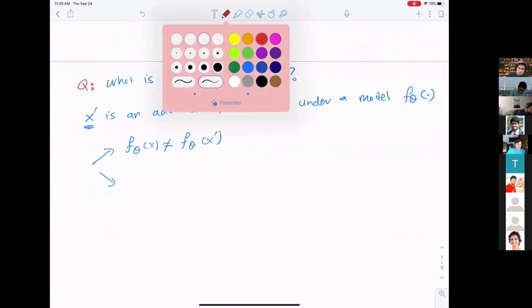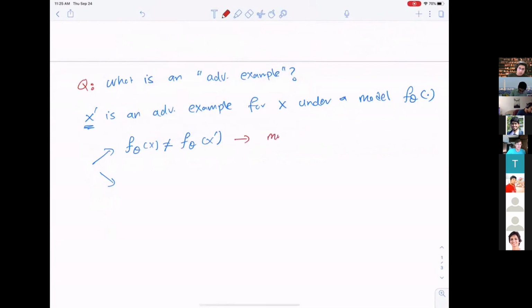So in other words, my model predicts different labels for X and X prime. That's the first thing. But the second condition is needed because here I'm not putting any constraints on X prime. If you completely change your image, that will satisfy the first condition. Your model is going to have a different prediction for X and X prime.